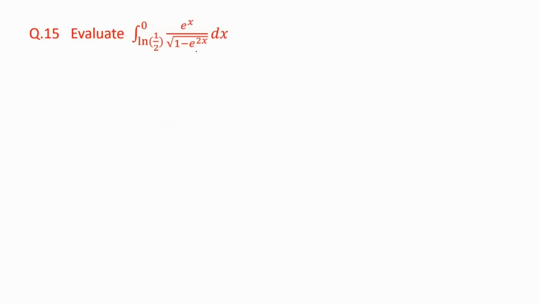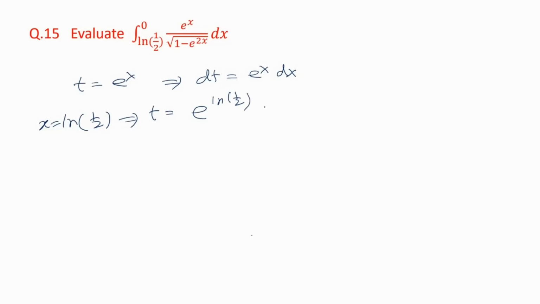The next question is integral of e to the power x over square root of 1 minus e to the power 2x dx. So here you will put t equals e to the power x. This implies dt equals e to the power x dx, and the limits: x equals ln half, t equals e to the power ln half, which is equal to half, and when x equals 0, t equals e to the power 0, which is equal to 1.